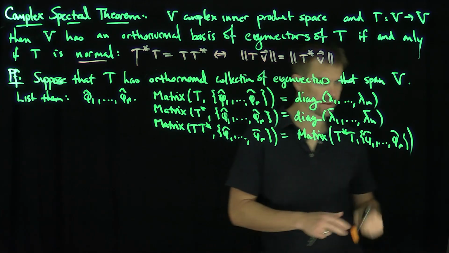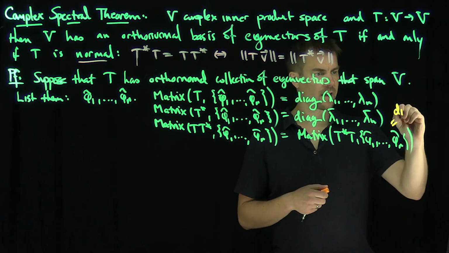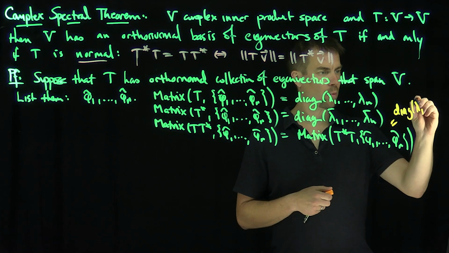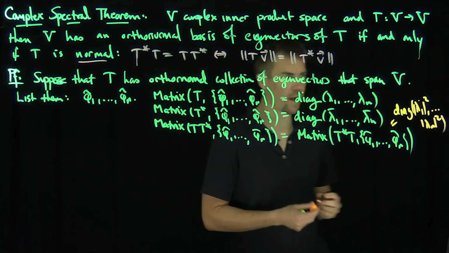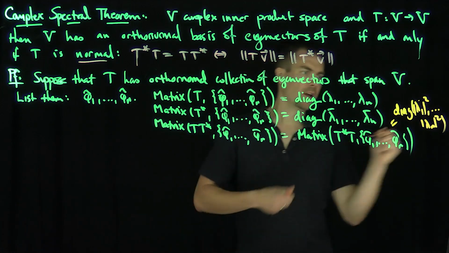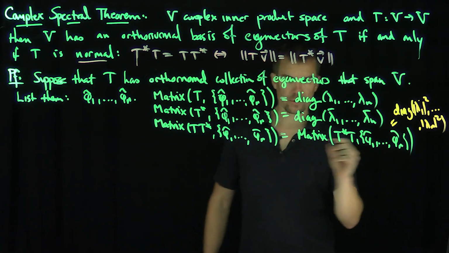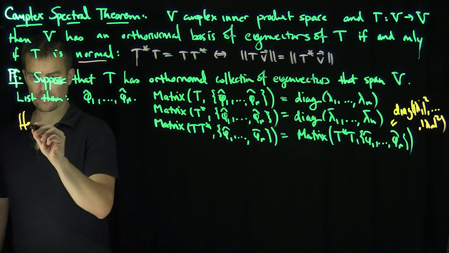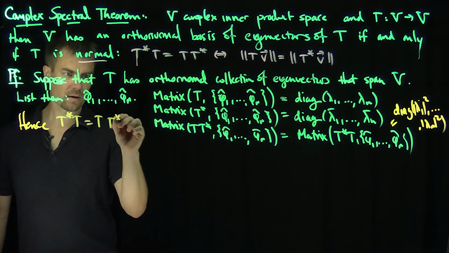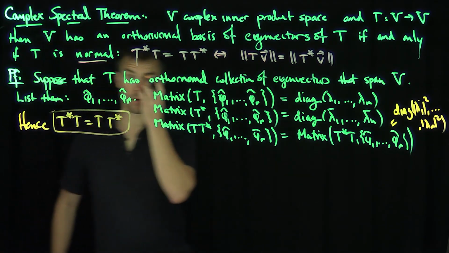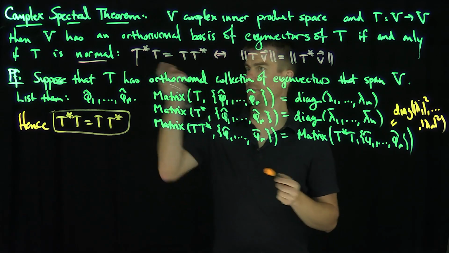It's going to be the diagonal matrix, equal to diag of the absolute values squared of lambda 1 through lambda n, like that. Okay, perfect. And that proves that T is normal, right? And so hence T star T is equal to T T star in this case. And so if you have an orthonormal basis of eigenvectors, then you're automatically normal.